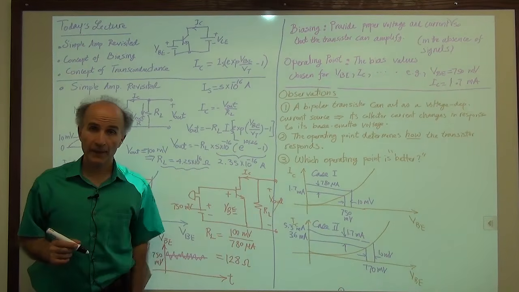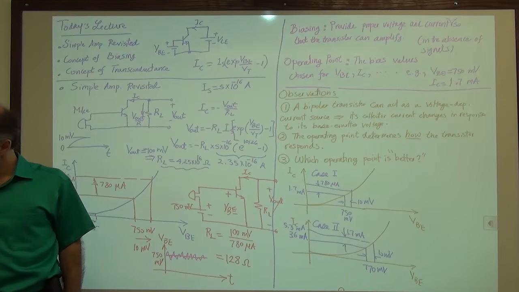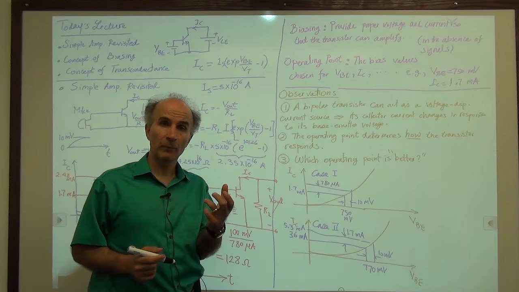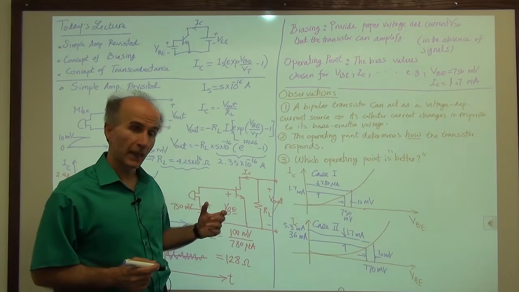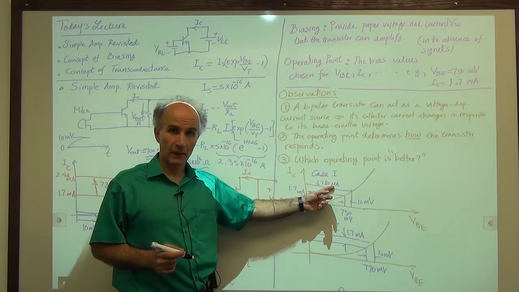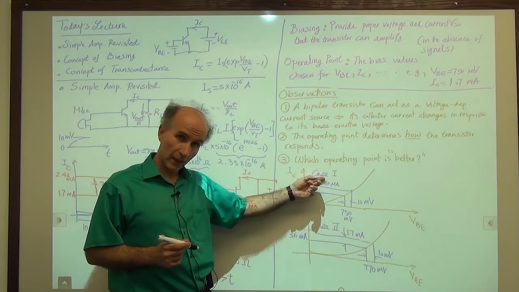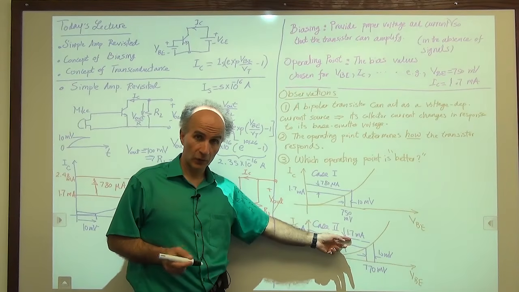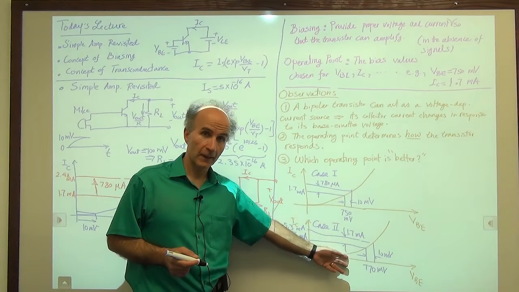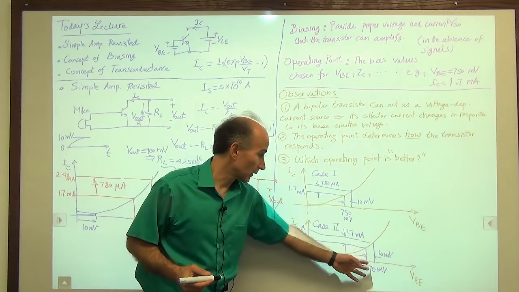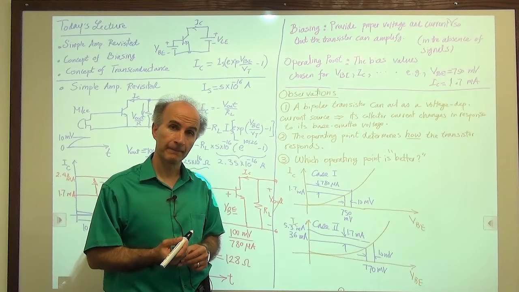So which case is better? Well, what this tells us is that a 10 millivolt increment from the microphone gave us 780 microamps of current response in case 1, but 1.7 milliamps in case 2. So case 2 has a stronger response to the microphone signal than case 1.